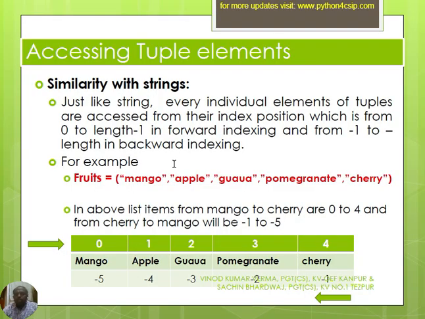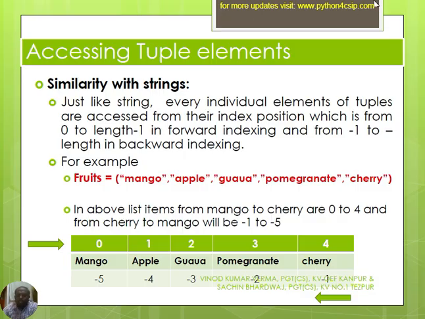Next, similarity with strings: accessing tuple elements. How are we going to access the elements? We already discussed this in lists, using index values. So there is a front end and a back end index value. The front end index starts at 0, 1, 2, 3, 4, but the back end is -1: -5, -4, -3, -2, -1. That is the last value.